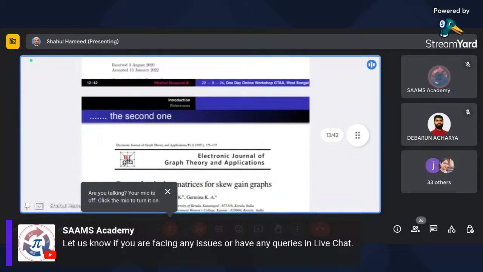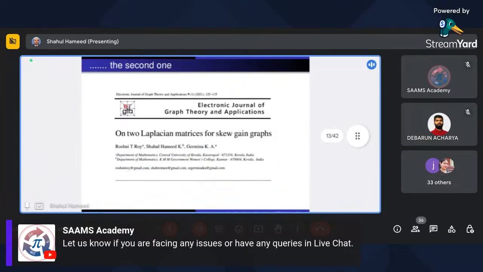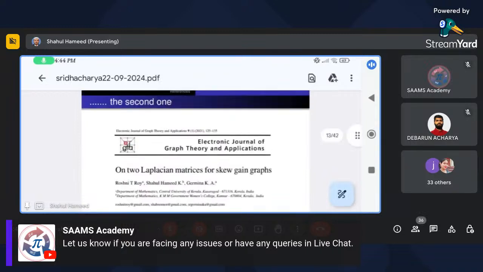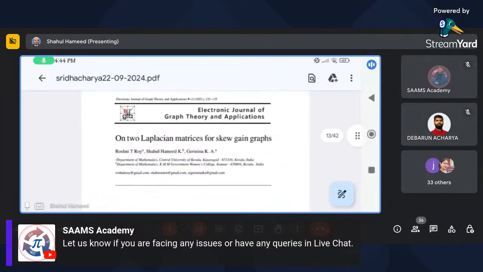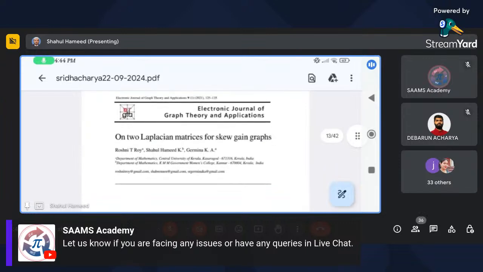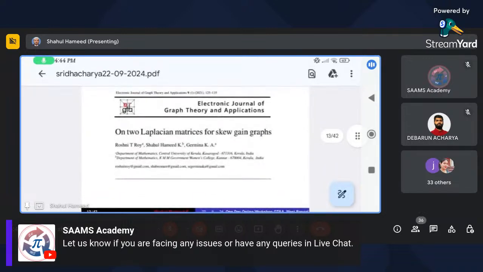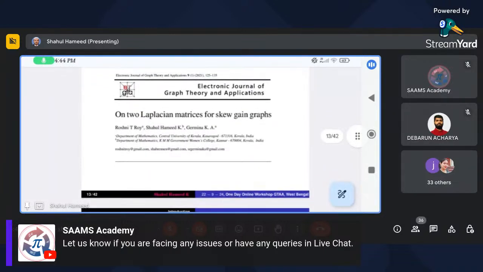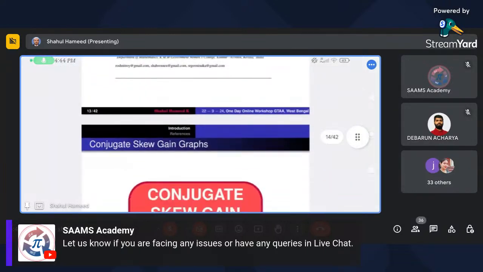The second one is in the Electronic Journal of Graph Theory, on two Laplacian matrices of skew gain graphs. The basic papers on skew gain graphs were by two computer scientists. I'll give you the references later. Only after several years were matrices assigned to these structures by me, my guide and others, Roshni and all.